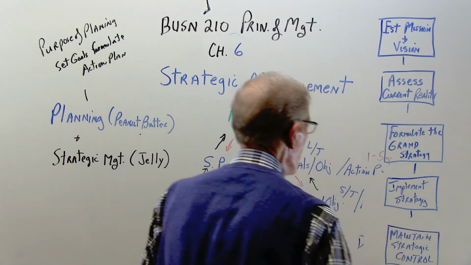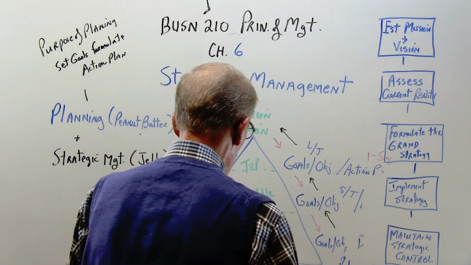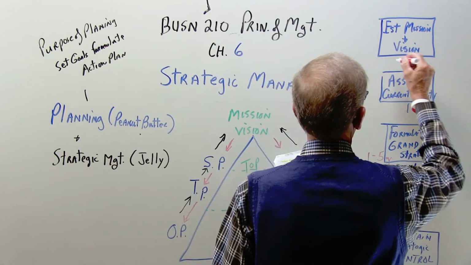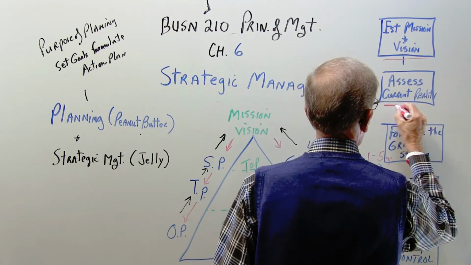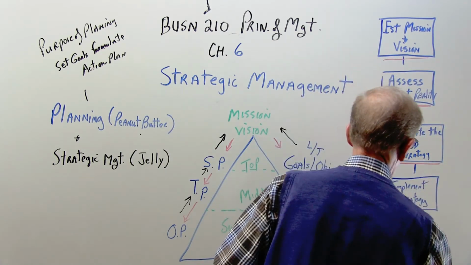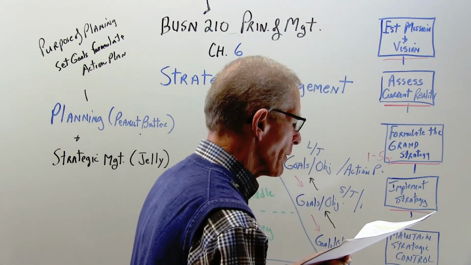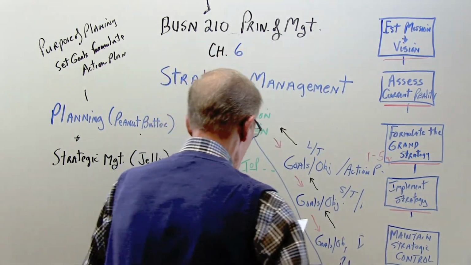That should all be able to be seen as we're going through this. If not, again, you have it on your study notes. But what did he say this was? This is the 5 steps of the strategic management process.